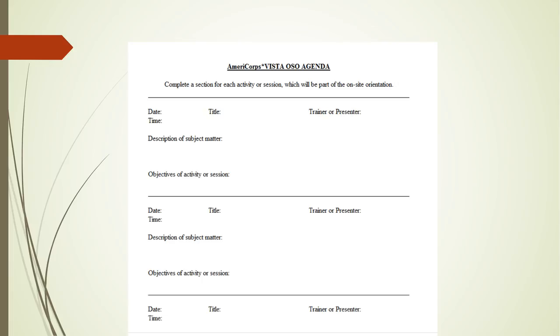Another challenge is striking a good balance between providing enough information to help the VISTA begin in their new role and not overwhelming them on their first day or week. On-site orientation and training prepares VISTAs to start their assignments with confidence by delivering them the foundation, direction, and skills that will allow them to have a successful VISTA term.